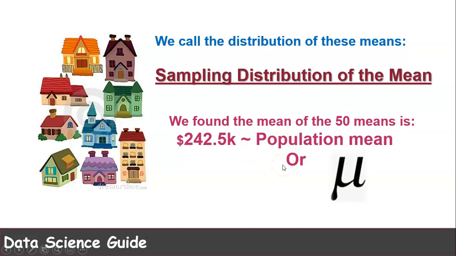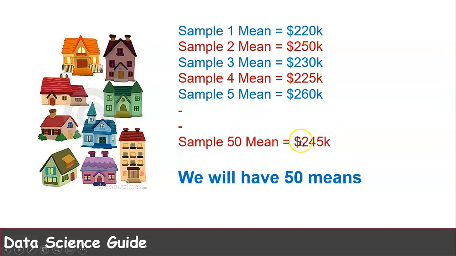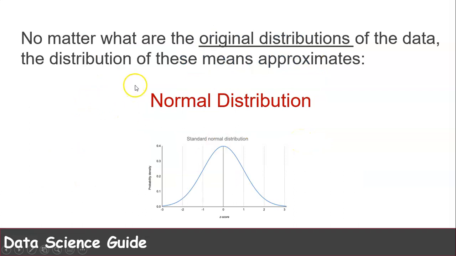And based on the definition, these means follow the normal distribution. And no matter what are the original distributions of the data, the distribution of these means approximates normal distribution.